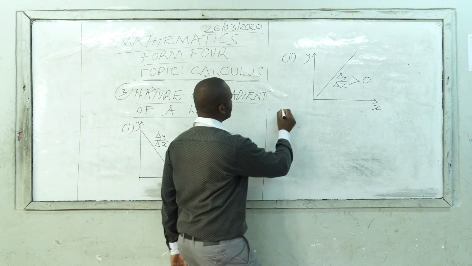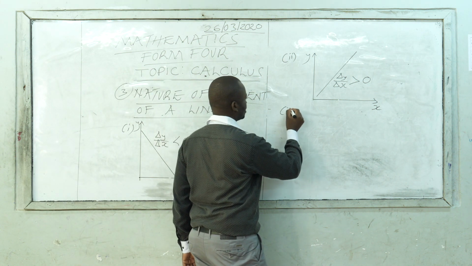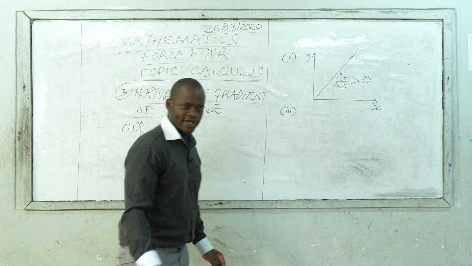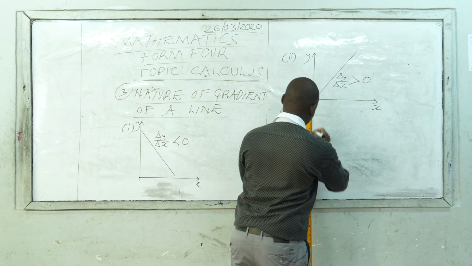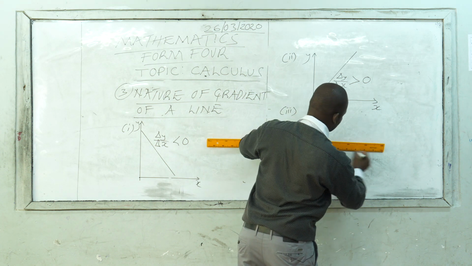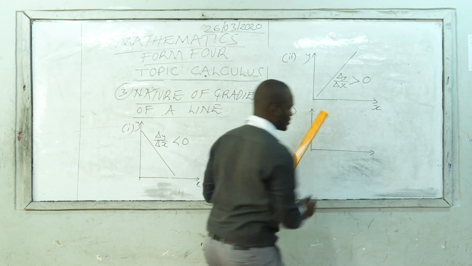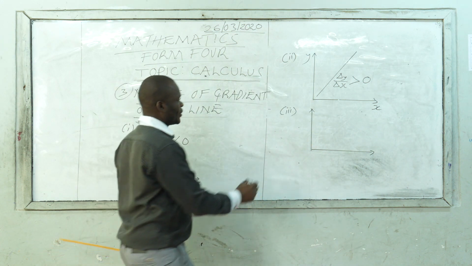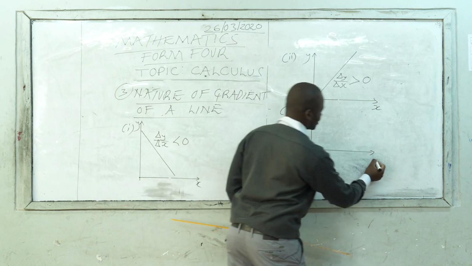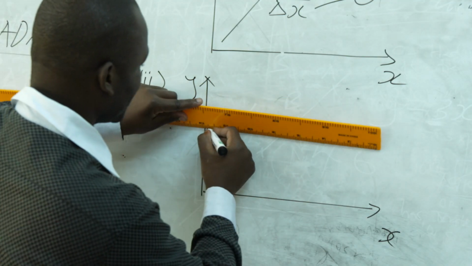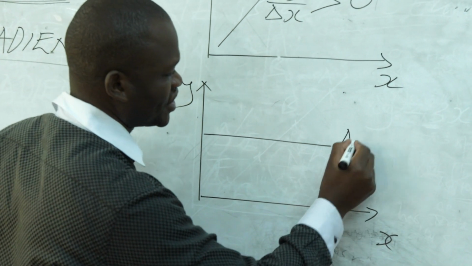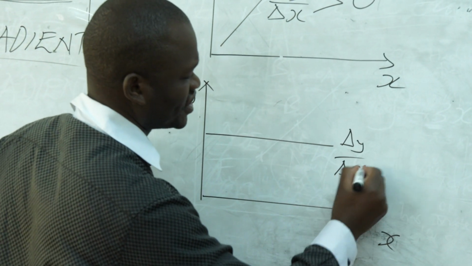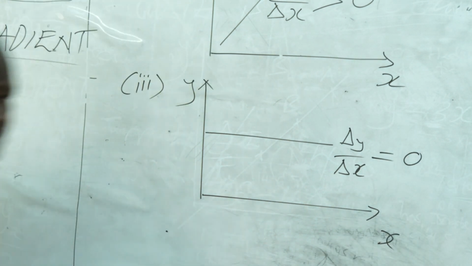We go to our third point in regard to the nature of the gradient of a straight line. A line with this inclination, a horizontal line, will have a gradient that is equal to 0. So here, our change in y over change in x is equal to 0.